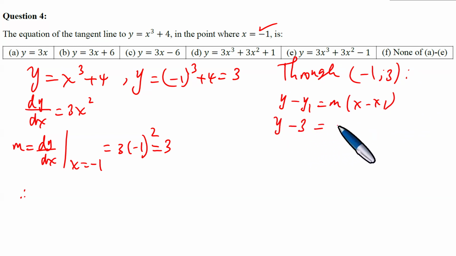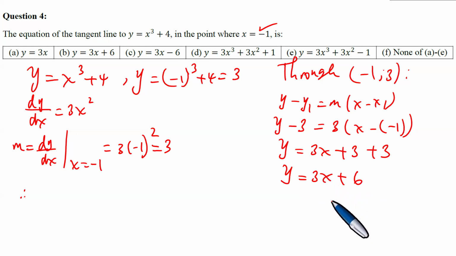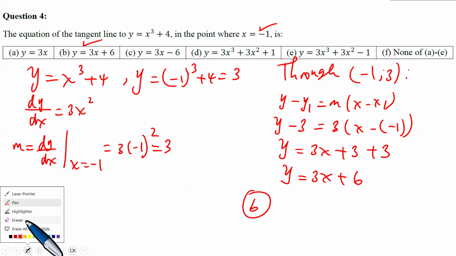So y minus 3 equals the gradient 3 times x plus 1, which means y equals 3x plus 3 plus 3, which means y equals 3x plus 6. And y equals 3x plus 6 corresponds to option B, and therefore option B is the correct answer to this one.